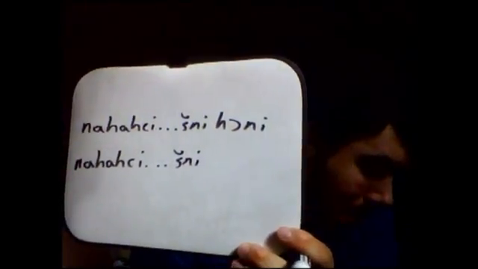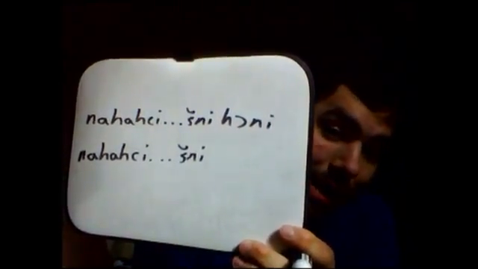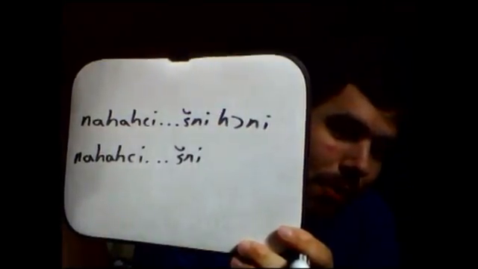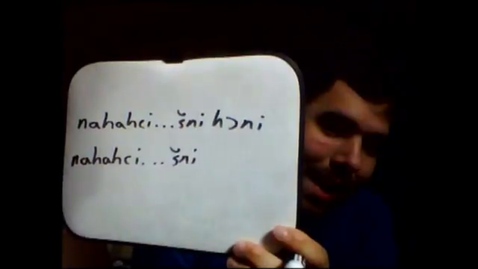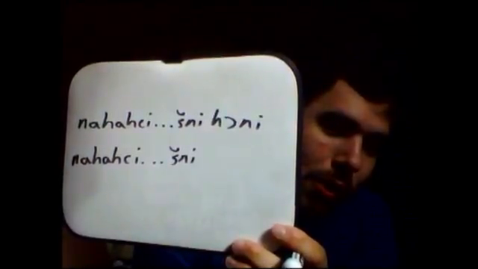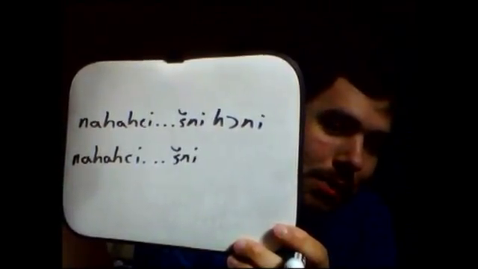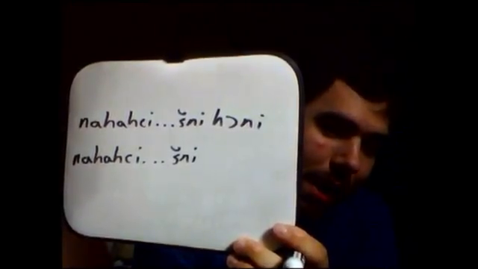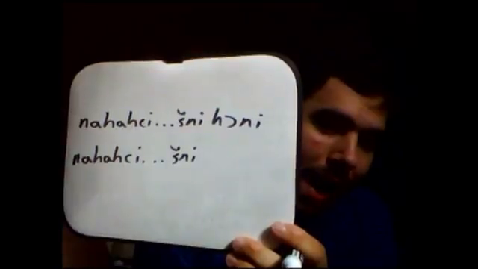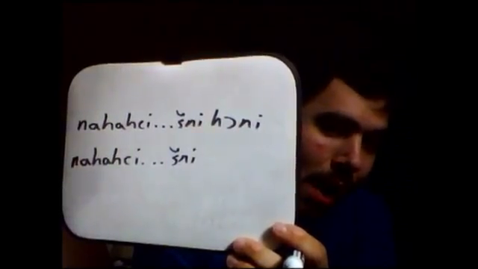Now this one is used for past tense, although I don't know if this really works the same way as past tense in English, in the sense where if you're talking about the past, you have to use this. But this is just a helpful indicator that what I'm saying happened in the past, not now.